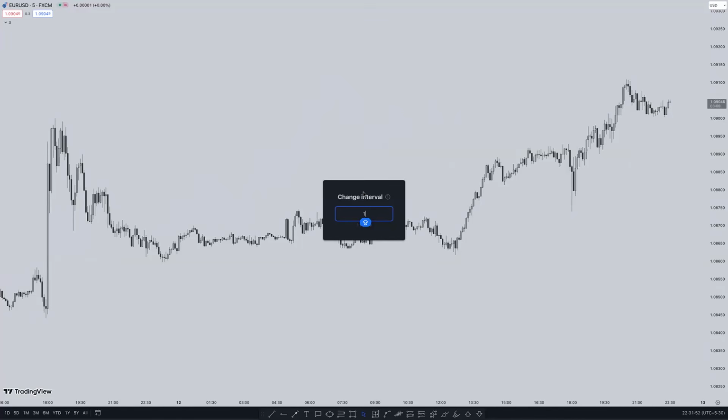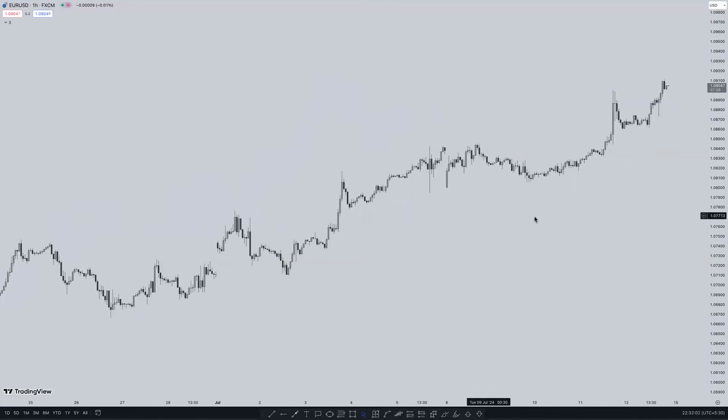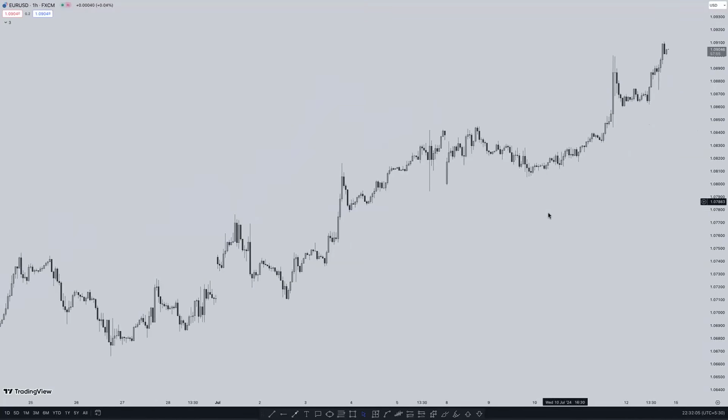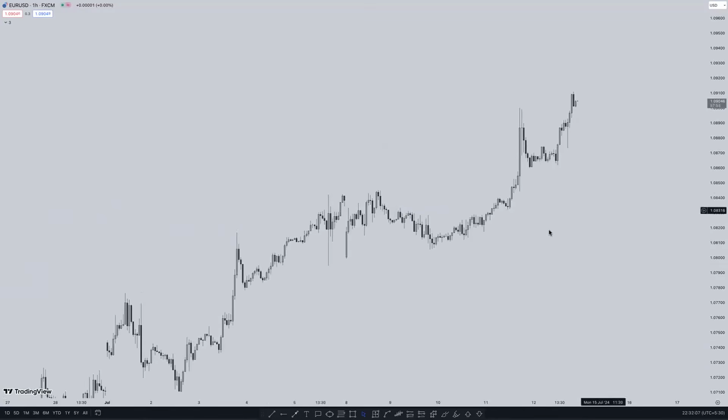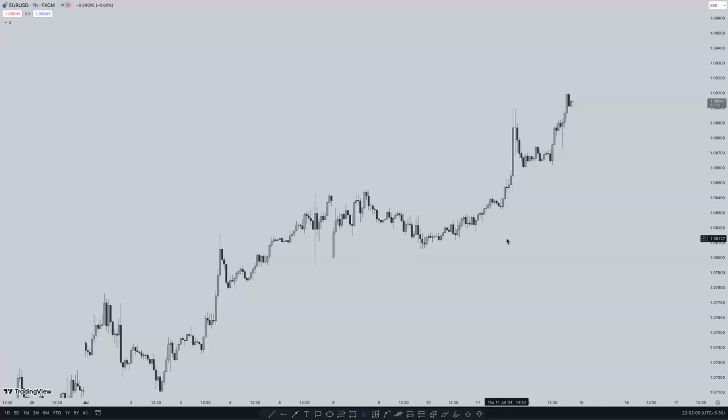It depends on structure. Sometimes you will get 4R, sometimes 2R, and sometimes 3R. So it depends on structure. There is no fixed rule to set any fixed target. If you're looking to set a fixed target, then you should use a very small risk reward like 2R, and maybe 3R is enough to set and forget.